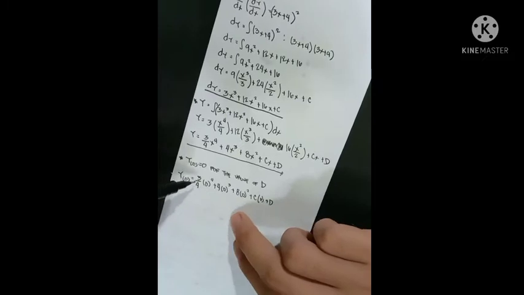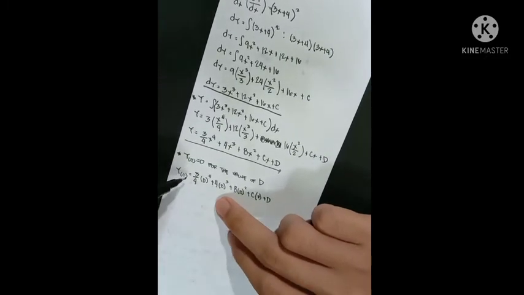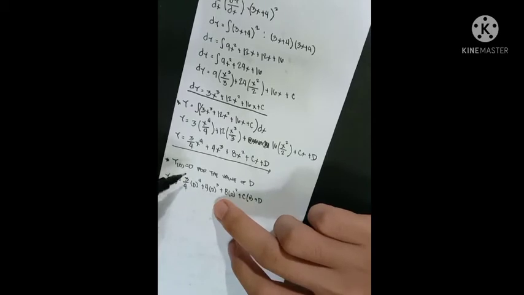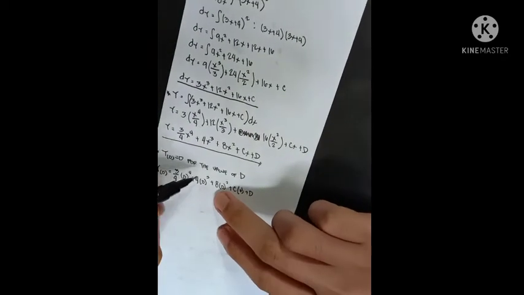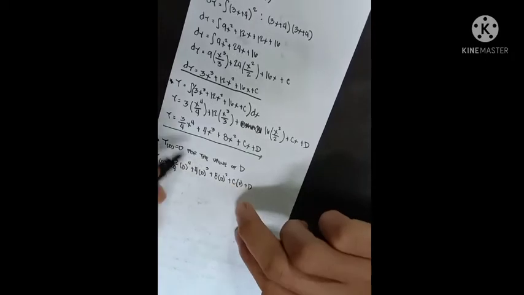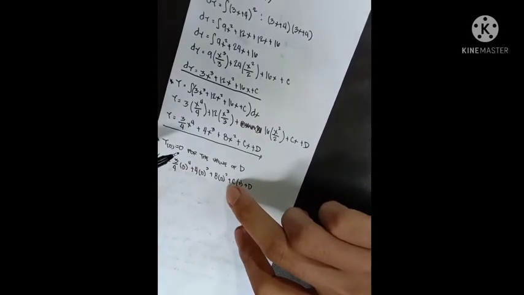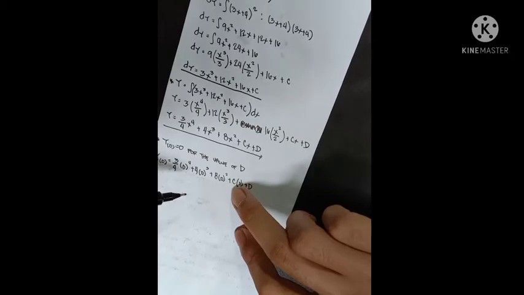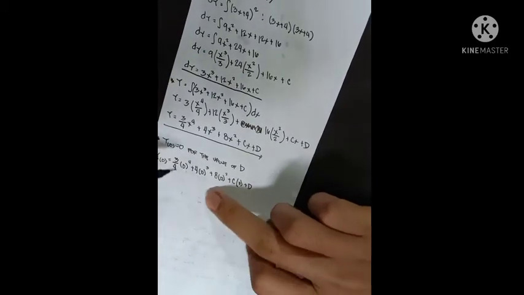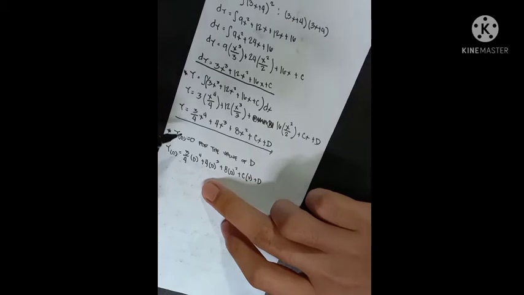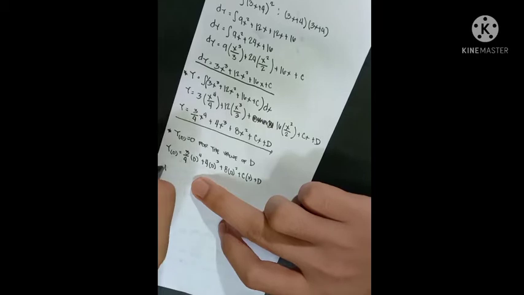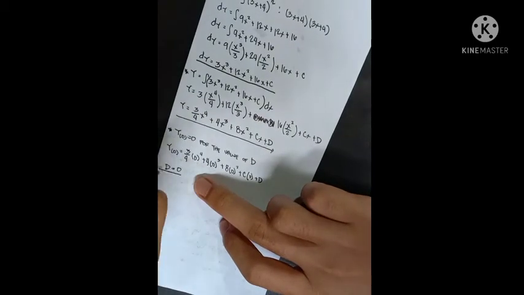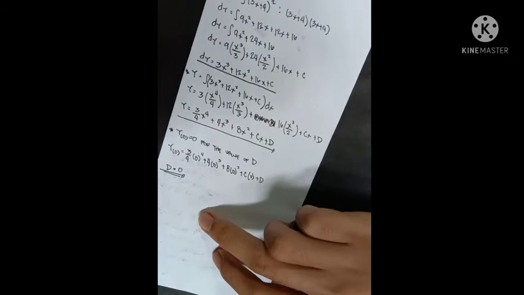Since our y is 0, anything multiplied by 0 is always 0. So our d is equal to 0.